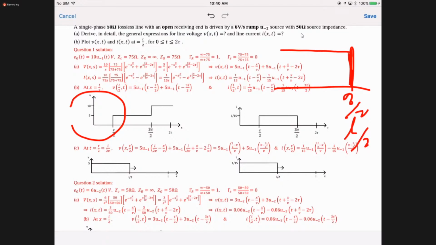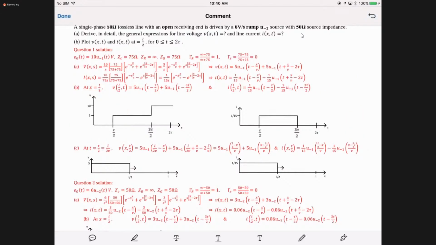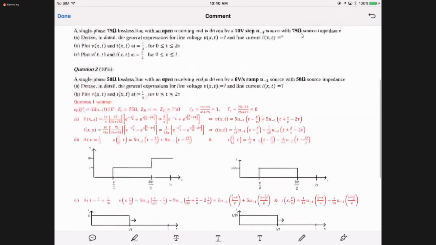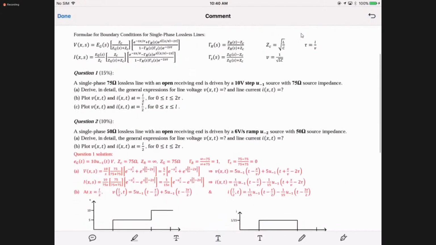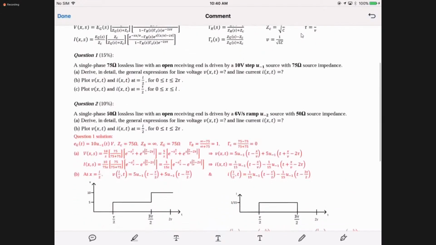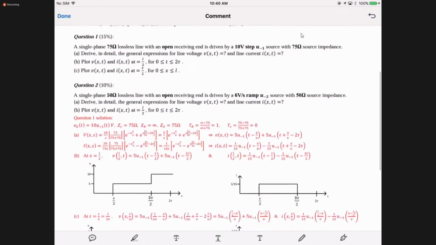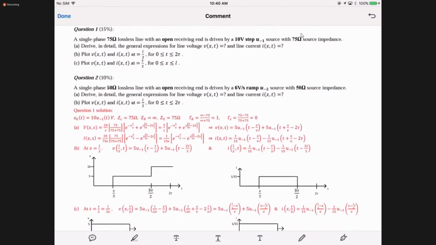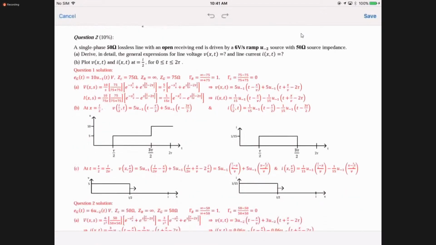Yes, that's right. And then I'm talking about part C though. The plot for part C. Oh, part C, not part B. Okay, part C. What is part C?